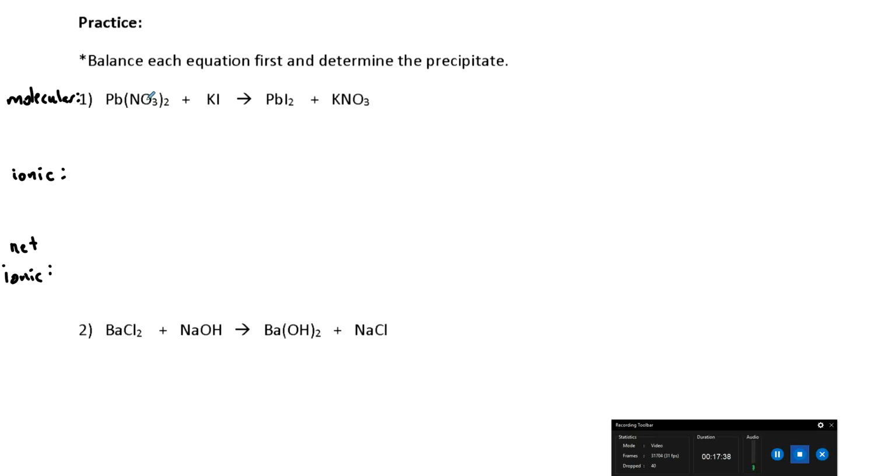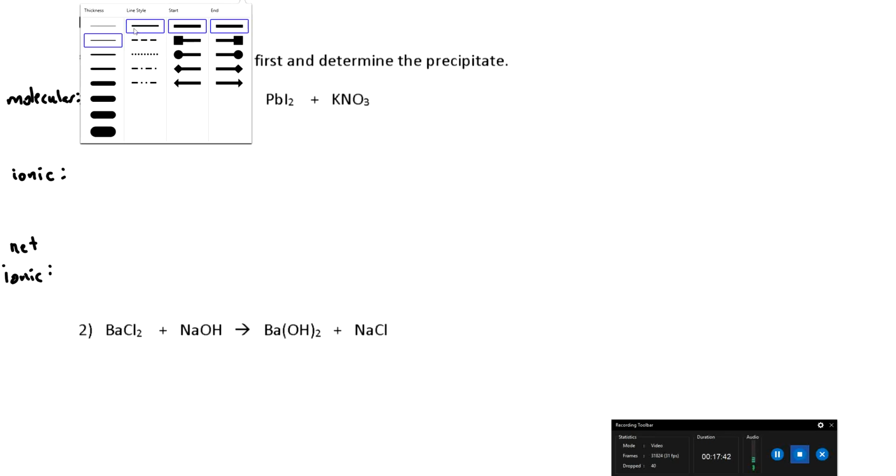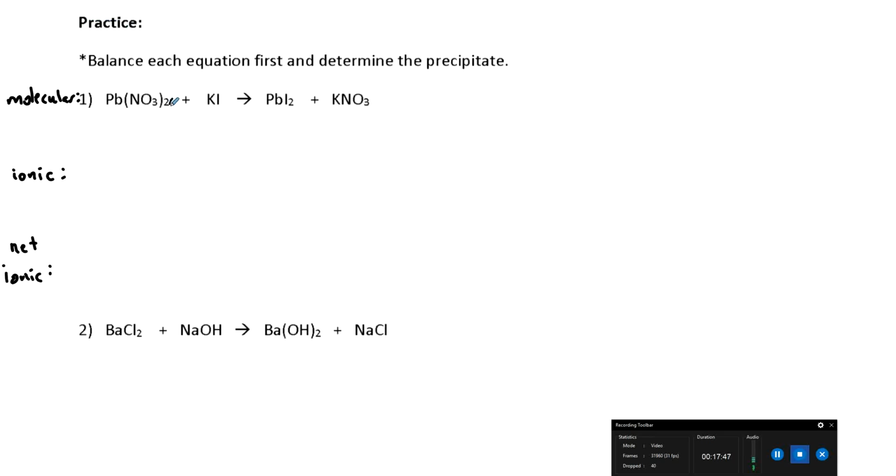Okay, so let's fill in our states. I'm probably just going to need a thinner line here so that I can sneak these in. So these are aqueous, always the reactants are aqueous. The products, I don't know. One's aqueous and one could be, now you don't necessarily always get a precipitate.